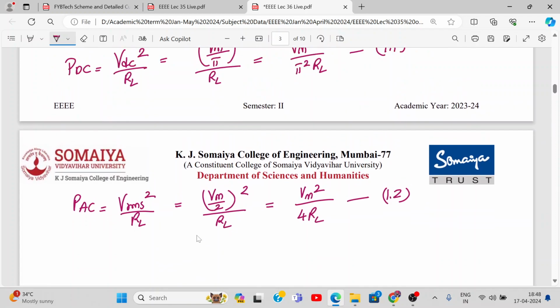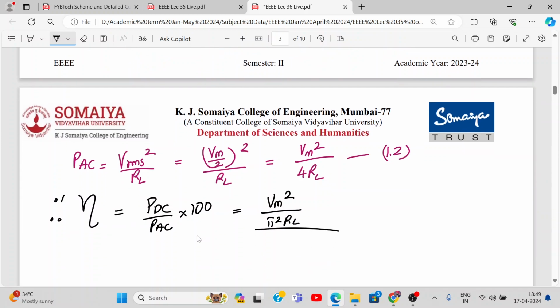And now what is the rectification efficiency given by? Therefore, the rectification efficiency is given by PDC upon PAC into 100. How much is PDC? Vm square upon pi square RL. And how much is PAC?